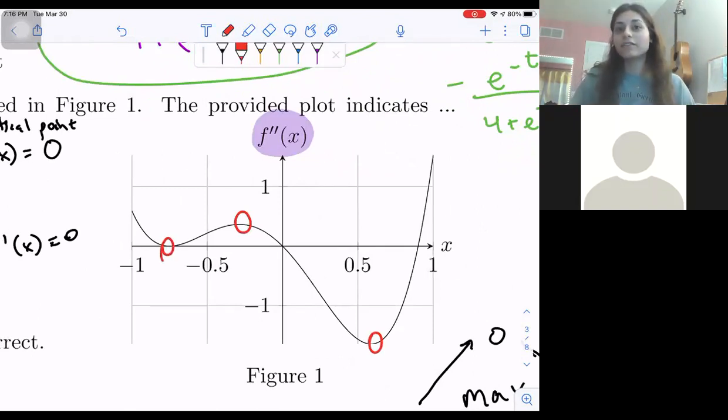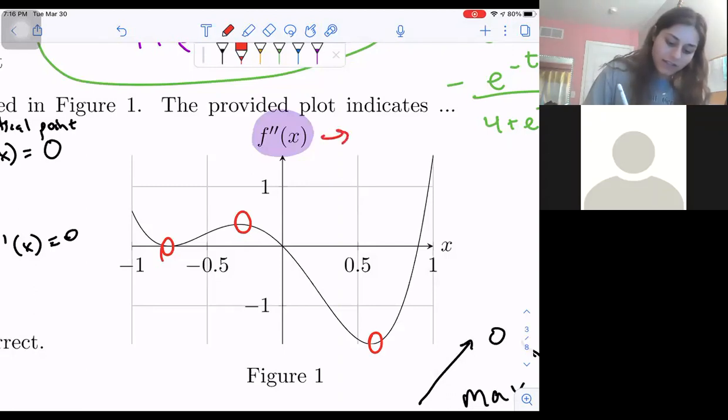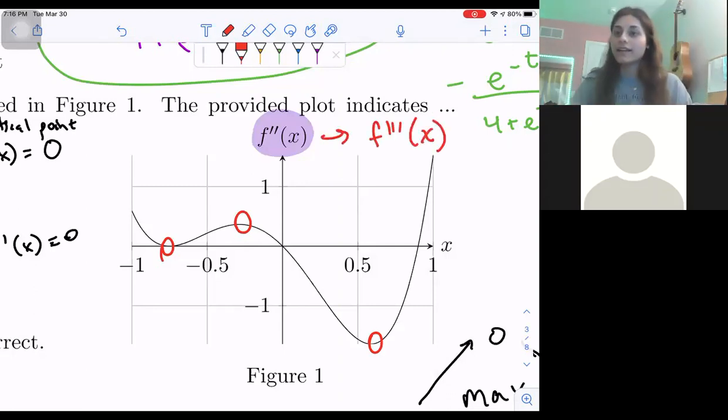If you want to find the critical points of the graph you're looking at, that will be the maximums and minimums. If we want to find the critical points of the derivative graph, say the triple derivative graph, on that graph we could find where it crosses the x-axis, where it equals 0, and that would also give us critical points.